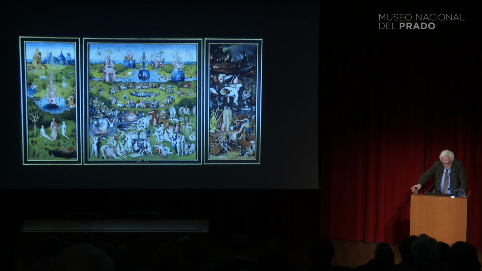These tapestries show some of the same visual narrative strategies, interestingly enough, that are also employed in the Garden of Earthly Delights. So I'm giving you now one major example of comparison between one very interesting tapestry and the Garden of Earthly Delights.